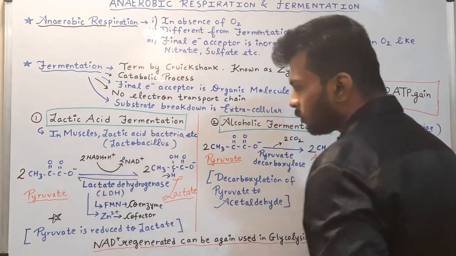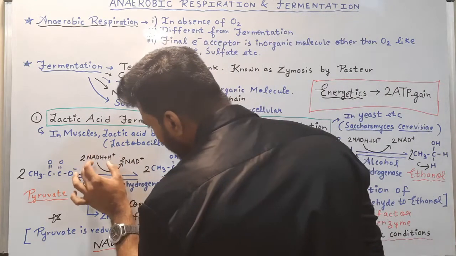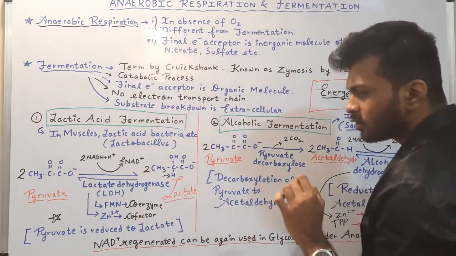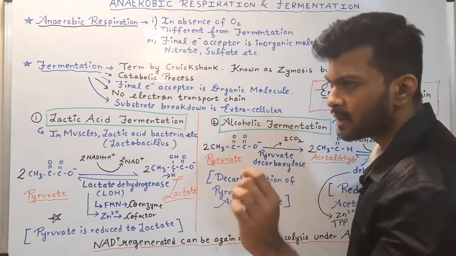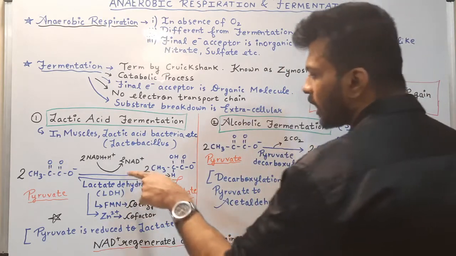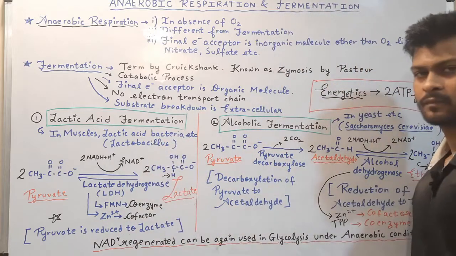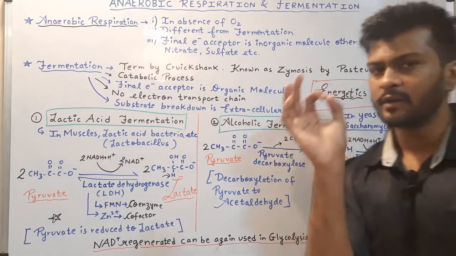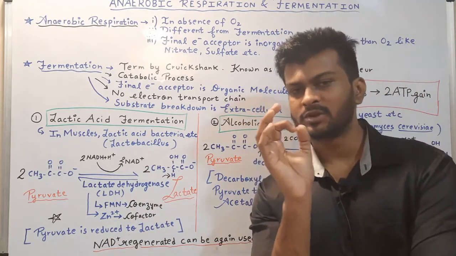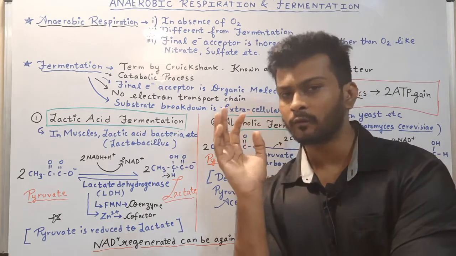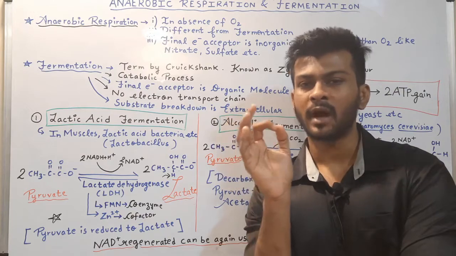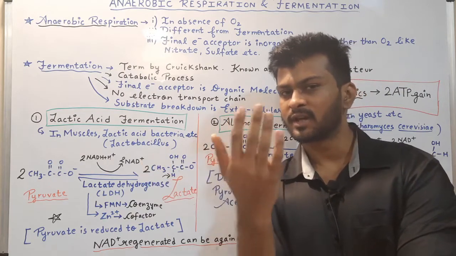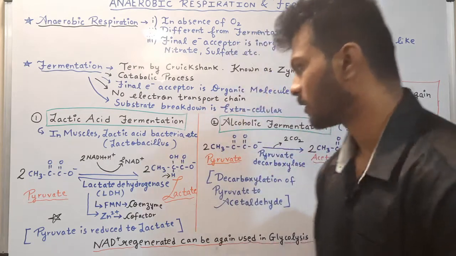So what is happening over here? NADH plus H plus molecule, which is associated with lactate dehydrogenase, will be oxidized into NAD positive. We have been studying this in almost all of the previous videos, that oxidation is loss of hydrogen atom and electron, reduction is acceptance of hydrogen atom and electron.